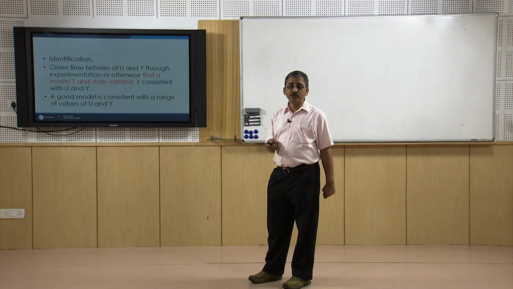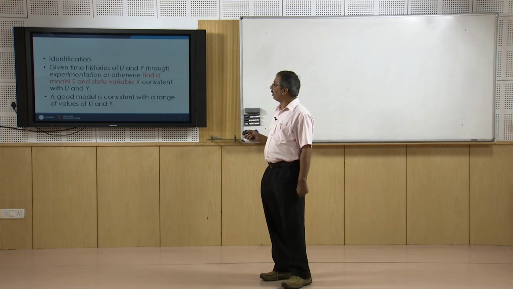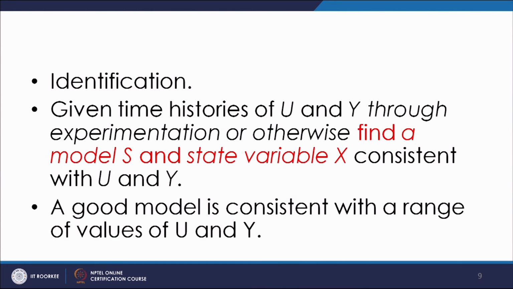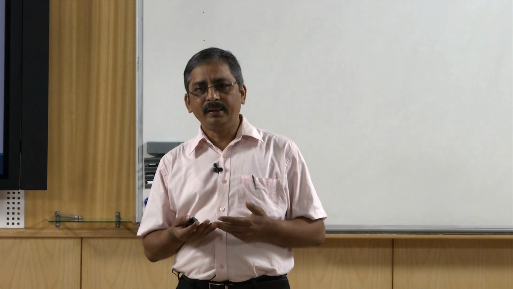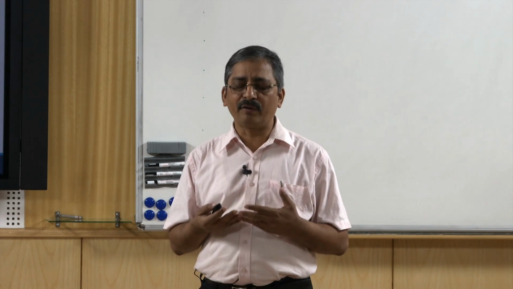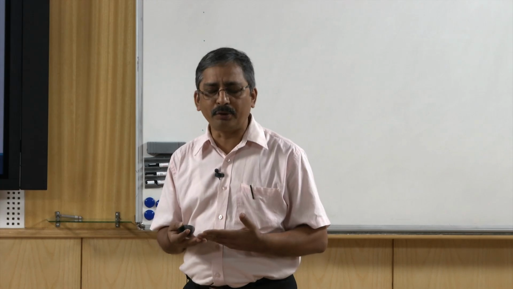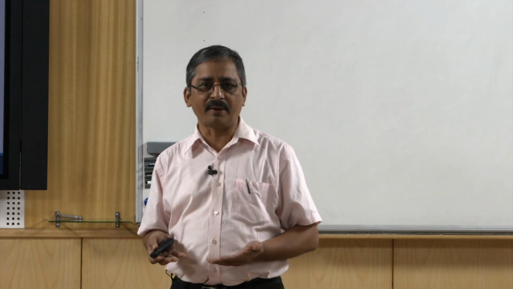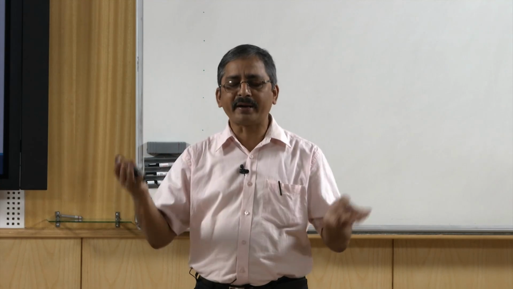The next usefulness of the dynamic model is identification. The situation is like this. Many times we have certain input to a system and we get certain output of the system, but we do not know what is happening inside the system.